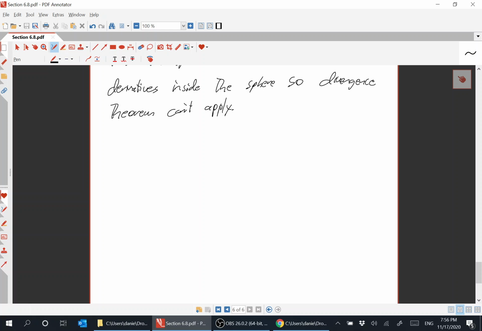I'd just like to give you an idea of basically how the proof of the divergence theorem goes. Much the same idea as the proof for Green's theorem.